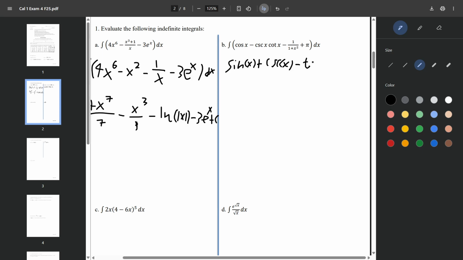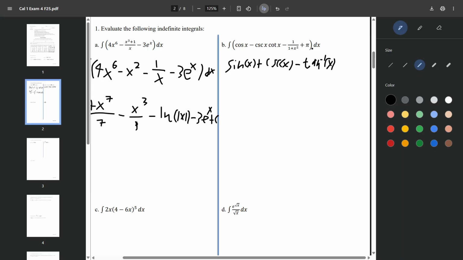We'll do inverse tangent of x in this case, but it could also be positive inverse cotangent of x.